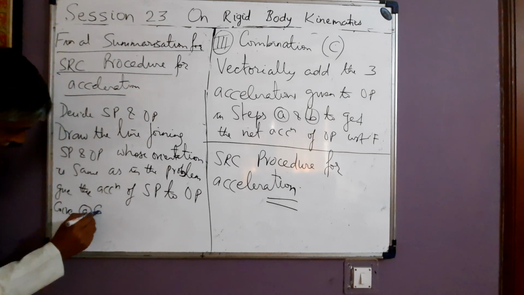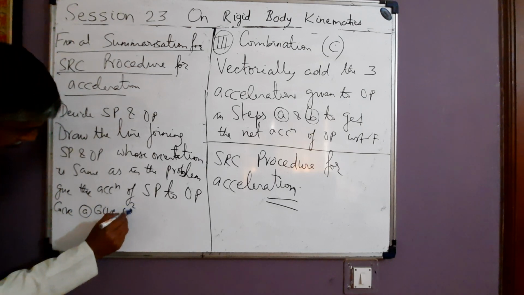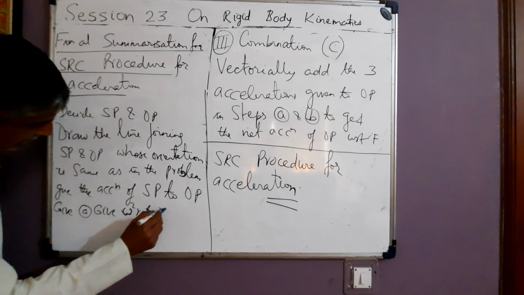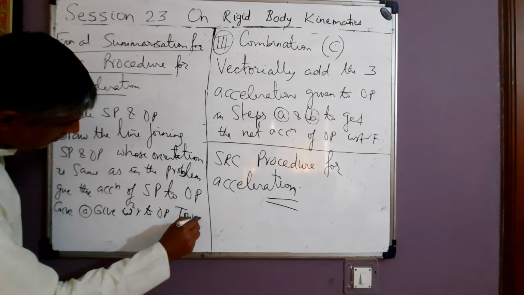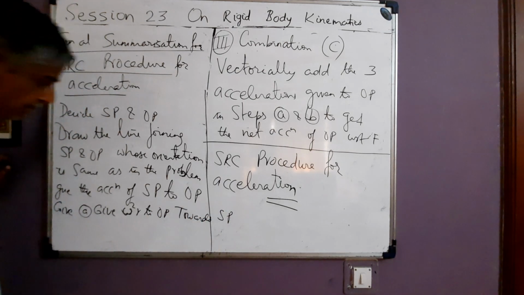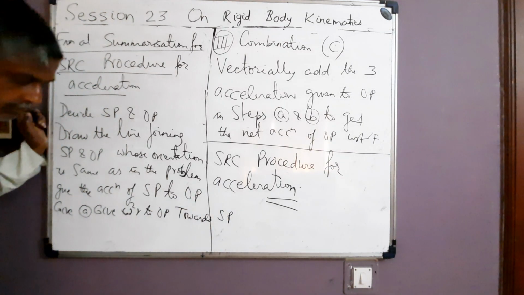Second, give omega square R to OP towards SP, where R is the distance between OP and SP.